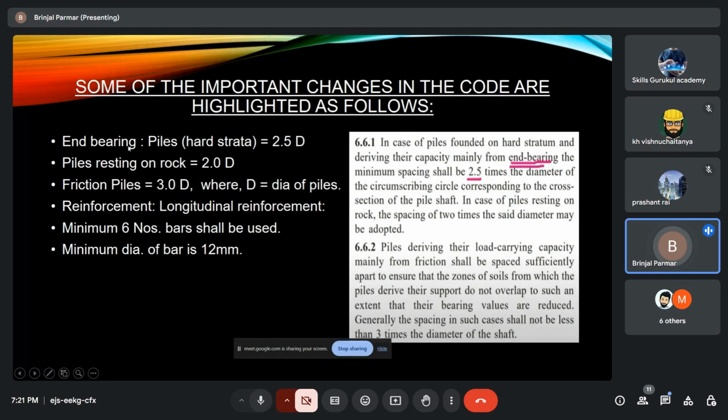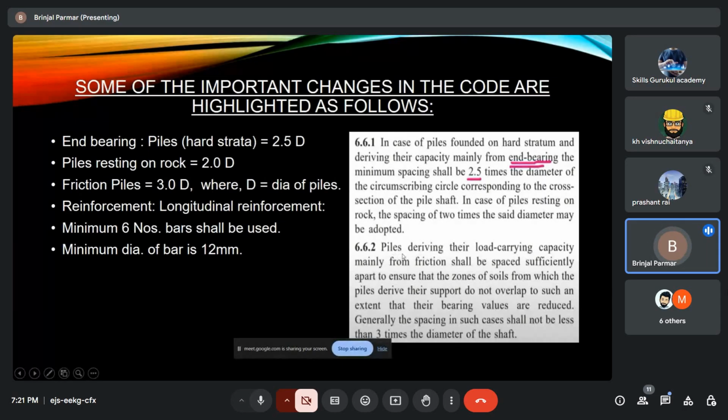So for end bearing pile on hard strata we take 2.5 D. In the second case, for piles resting on rock, a spacing of 2 times the diameter may be adopted. So for piles resting on rock, we take two times the diameter of the pile.